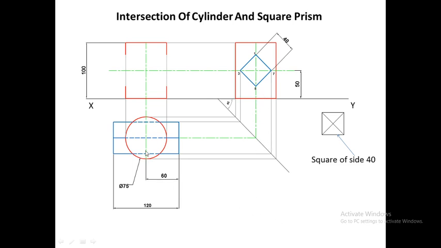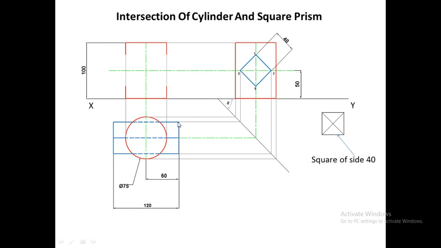Now one thing to note is that these lines are made dotted. This is because when this prism is inserted inside this cylinder, this portion of the edges will not be visible from the top view, since it is going inside the cylinder.